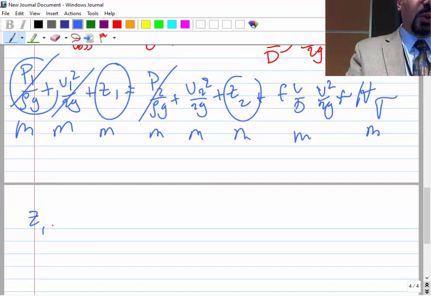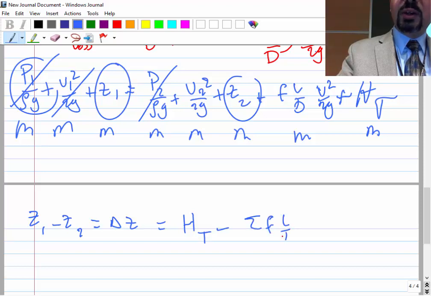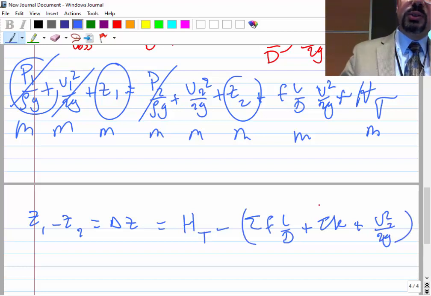So Z1 minus Z2, that is basically the delta Z that's available to you in the lake, is going to be equal to H turbine minus the losses, right? And the losses we said is sigma fL over D plus sigma K, okay, plus V2 squared over 2g.